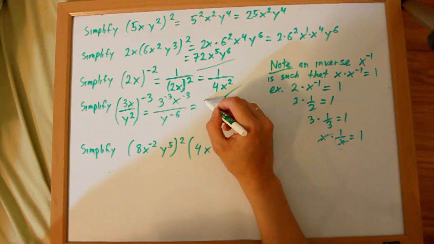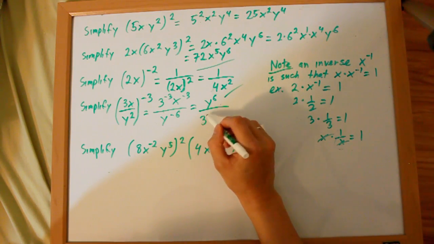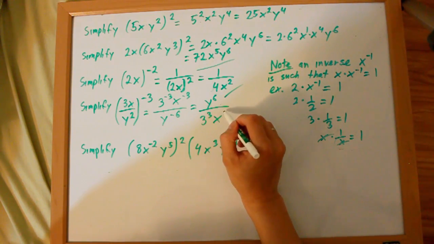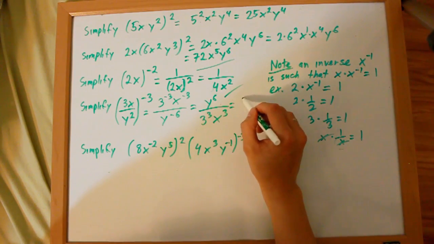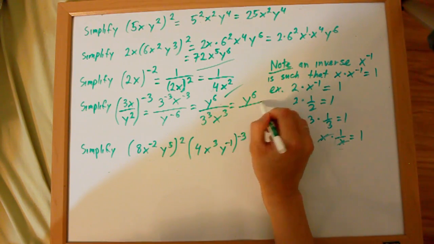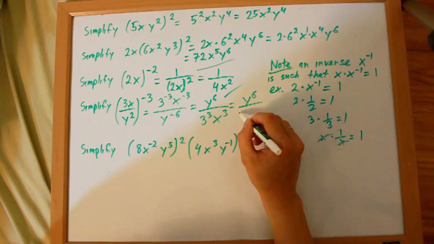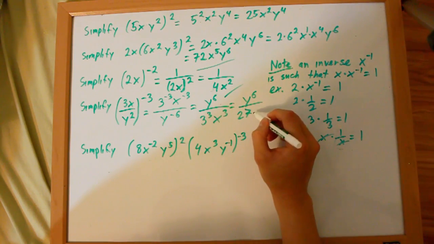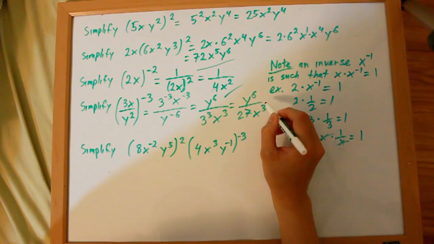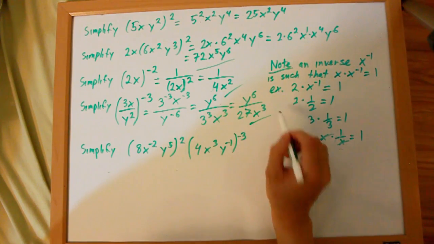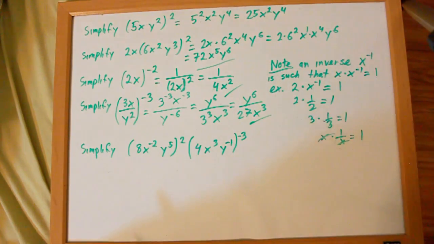So bring the y to the top: y to the 6, 3 to the power of 3, x to the power of 3. So your answer is y to the 6, 3 to the power of 3 is 27, x to the power of 3, and that's your final answer.